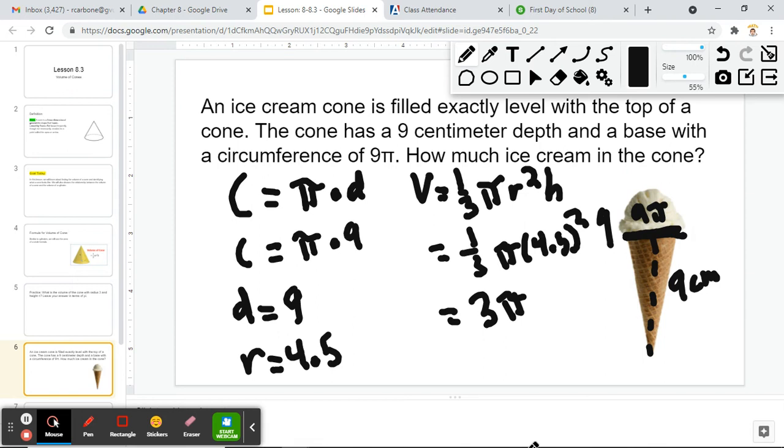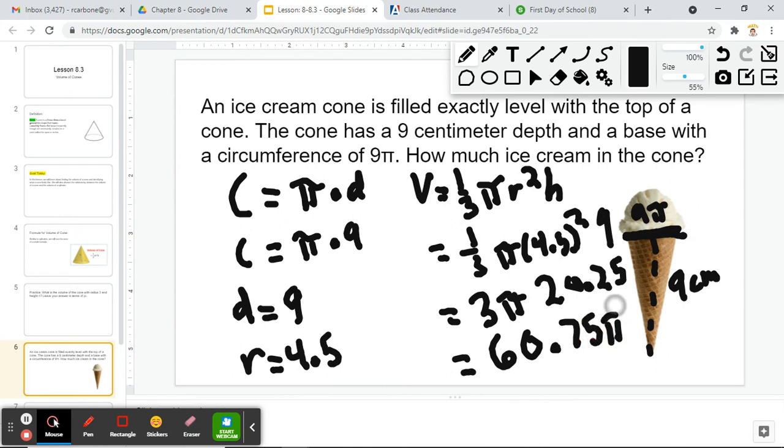That'll be equal to 20.25. So lastly, we just need to multiply 20.25 and 3, and we will get 60.75. So this would be equal to 60.75 pi. And again, it was asking us how much ice cream is in the cone, but really it was just asking for the volume of the cone right here.